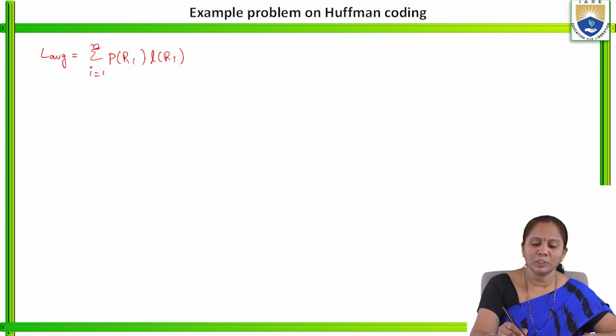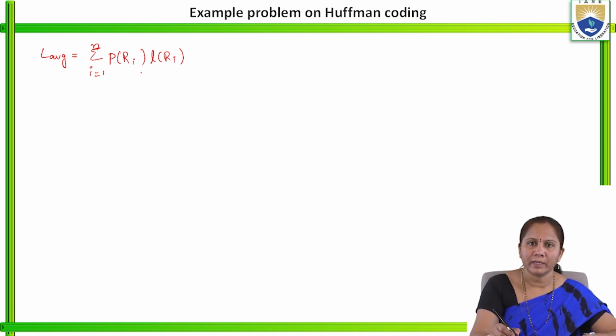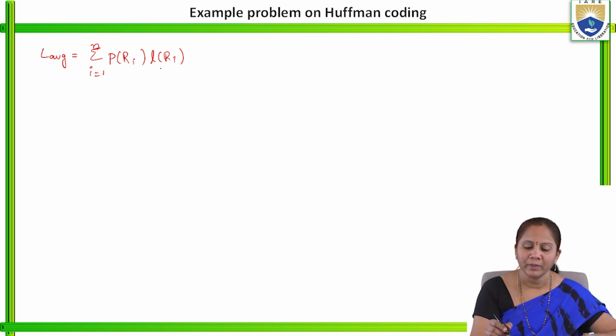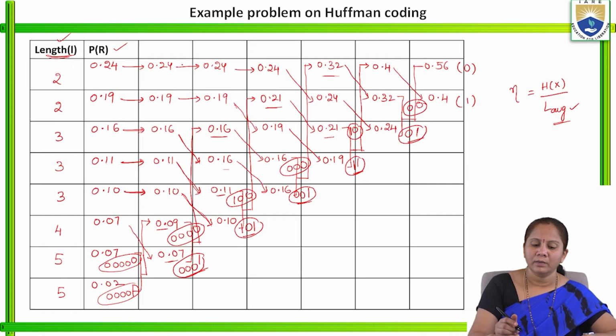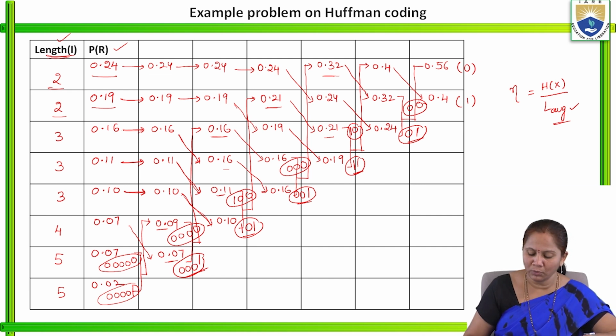So it will be ranging from 1 to 8. P of Ri, probability values of P of R0, R1, R2, and so on. And L of Ri means we have just calculated the length of each probability. So for this probability 2 is the length, and for 0.19 this 2 is the length. So we have to perform the operation now. So first one is 0.24 into 2.